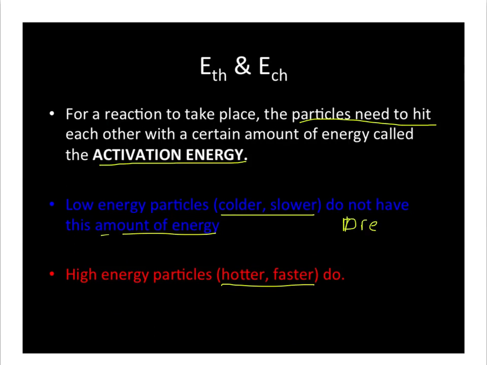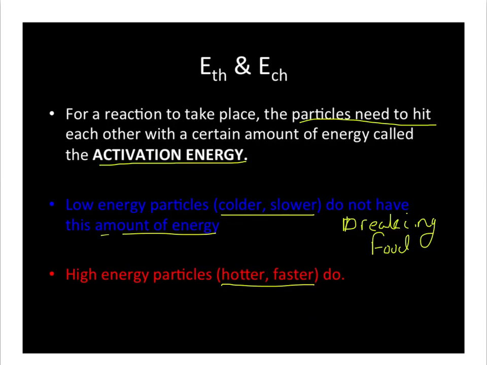Breaking down food is a chemical reaction. If we can slow that down by cooling it, then we can keep our food from going bad. So that's why your milk gets put in the fridge.